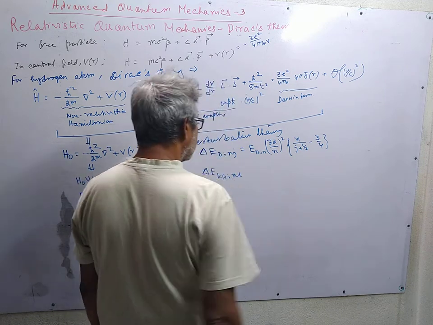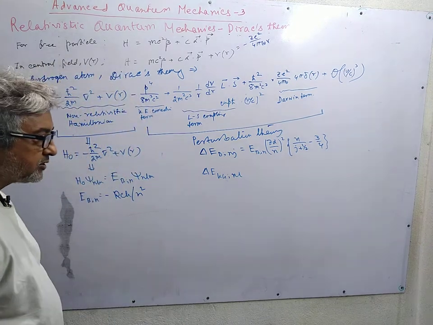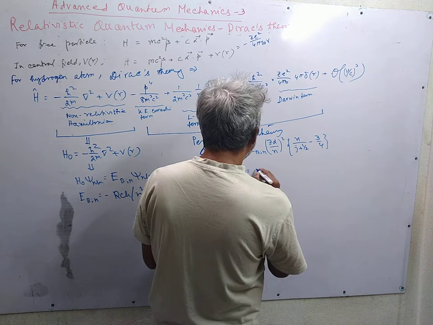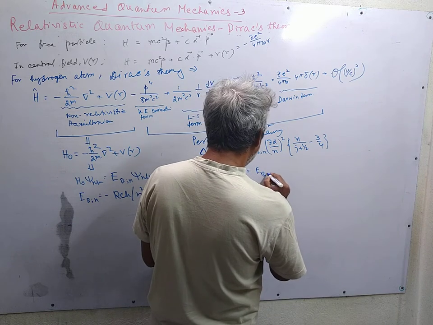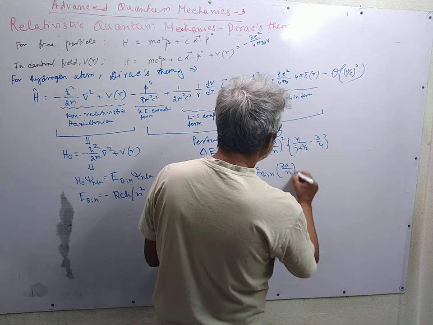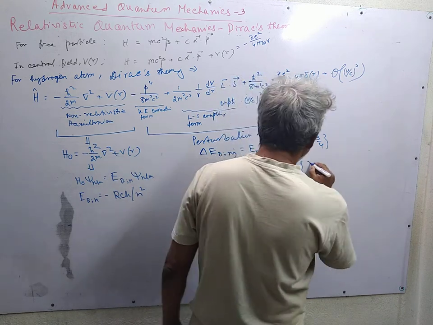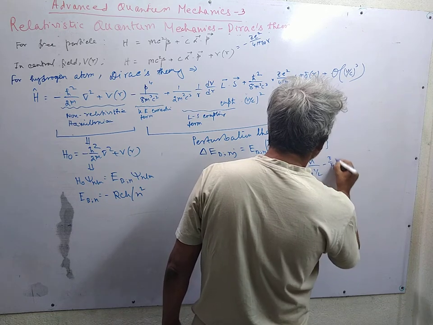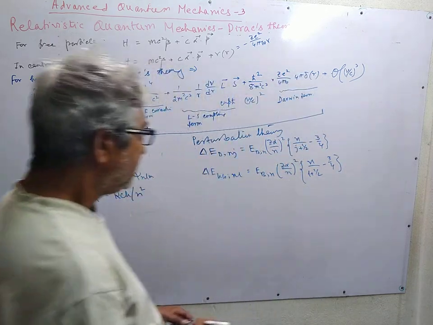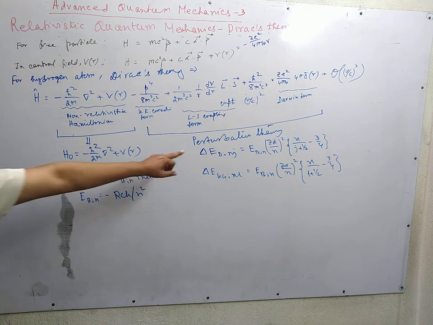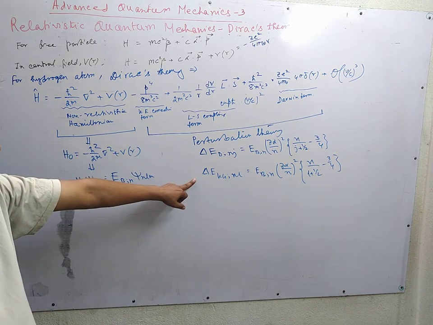Here in Klein-Gordon theory, there was no spin, so j was replaced by l, and we write it as Z alpha upon n square, n upon l plus half minus 3 by 4. This was the correction over the Schrödinger energy or Bohr's energy as per Dirac theory and as per Klein-Gordon theory.